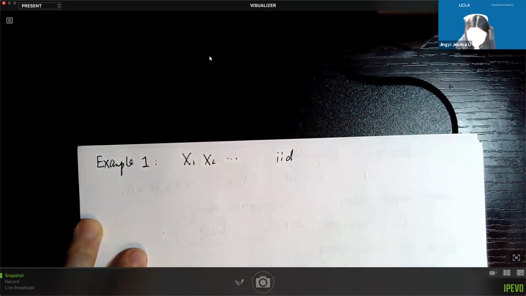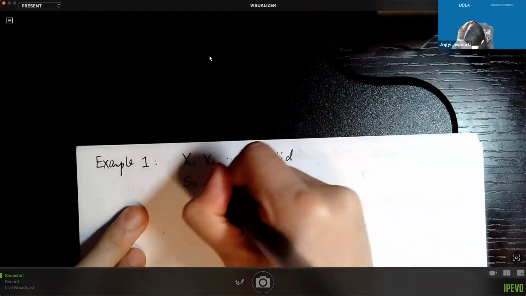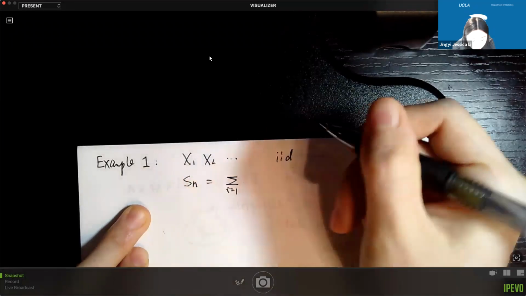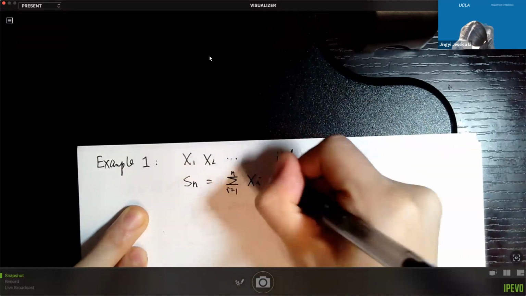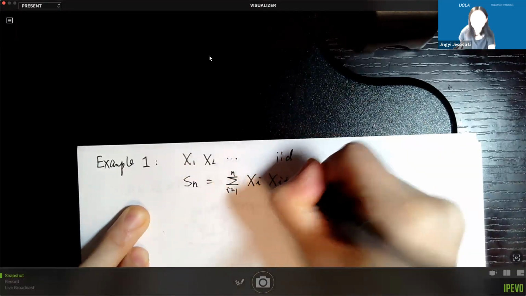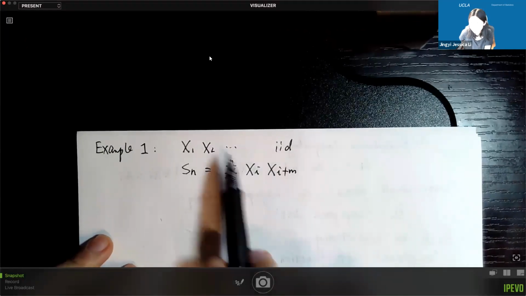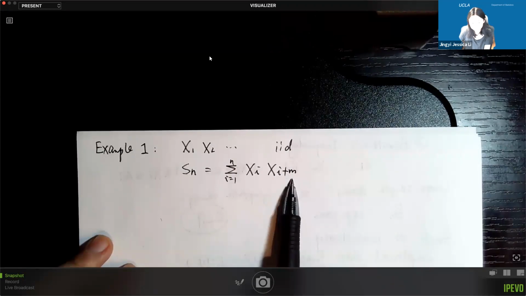And what I'm interested in is the summation over i from 1 to n of xi times xi plus m. So I'm interested in the product of two IID variables apart from each other by m.